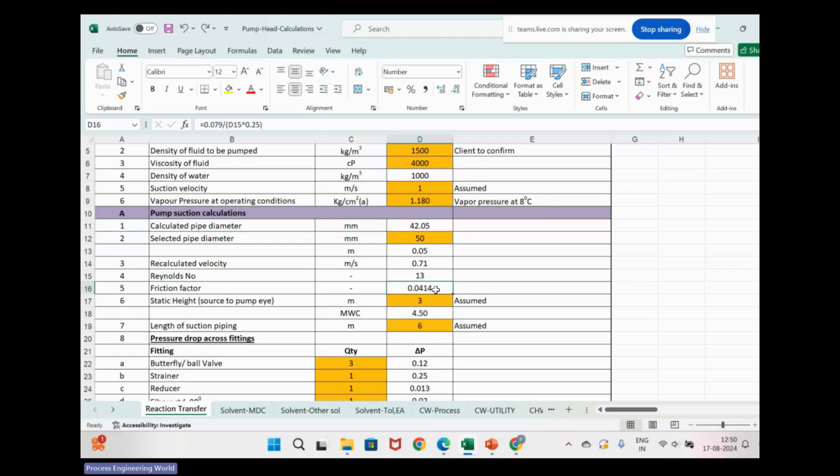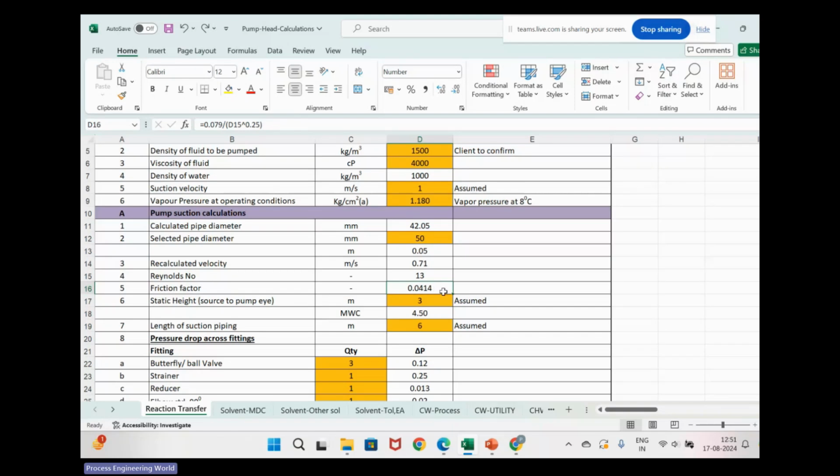So basically, is there any difference when you calculate friction factors using several formulas? You will see a slight difference in friction factor values, but not much, whether you use the Moody diagram, or 0.079 upon N_Re raised to 0.25, or any other equation.